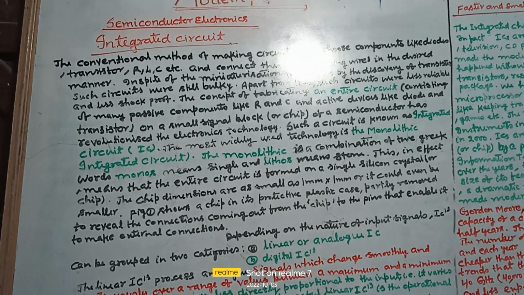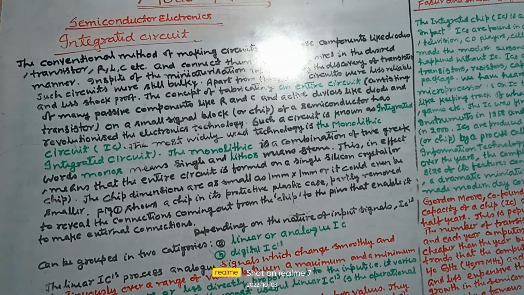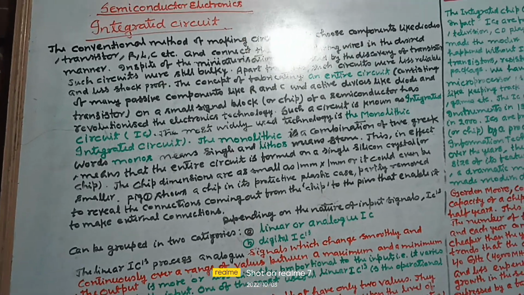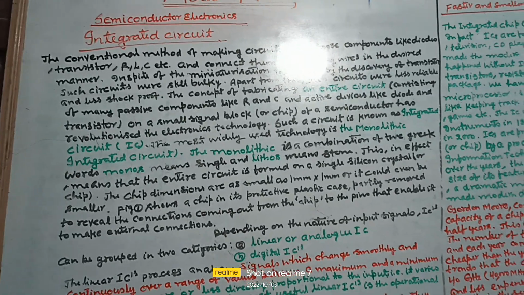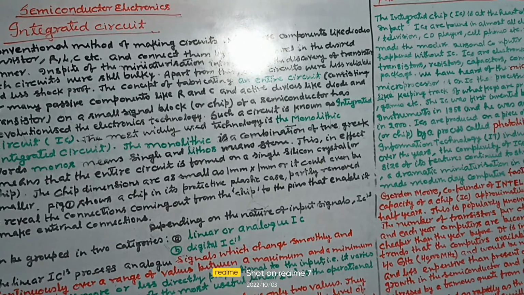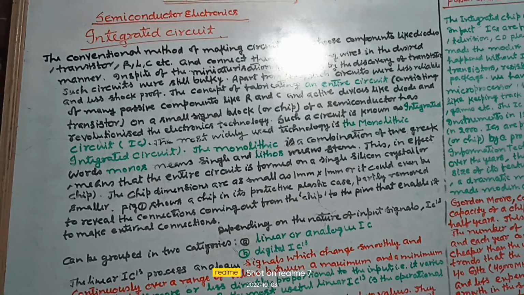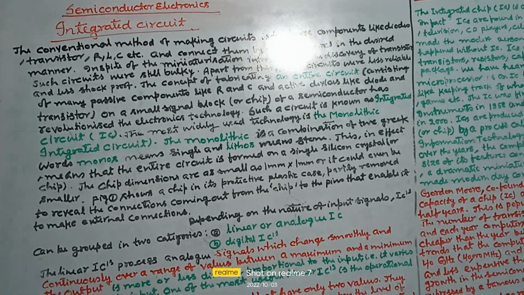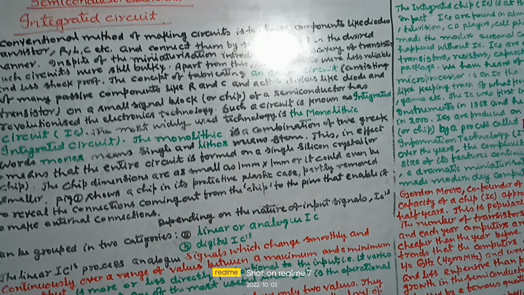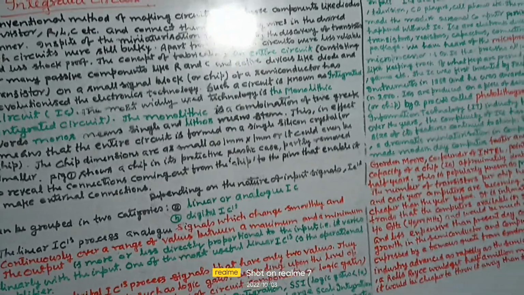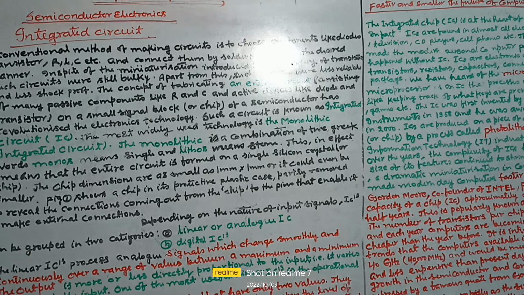The chip dimensions are as small as 1 millimeter by 1 millimeter, or it could even be smaller. Figure 1 shows a chip in its protective plastic case, partly removed to reveal the connections coming out from the chip to the pins that enable it to make external connections.